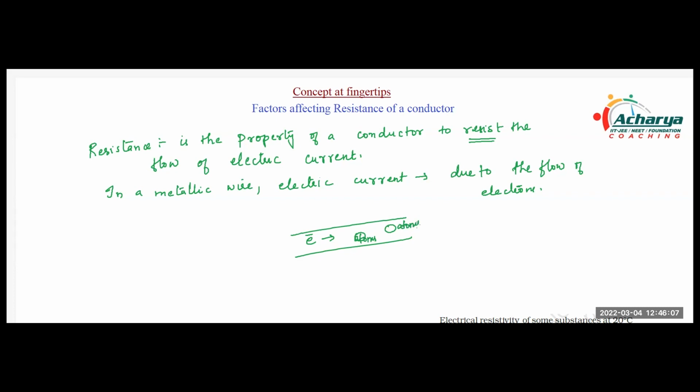These atoms will attract the electrons, so the electrons will get attracted to neighboring atoms, and all through the way it will get opposition from the atoms, that means the attraction from the atoms, and it will be slowing down. This contributes to the resistance of a conductor.